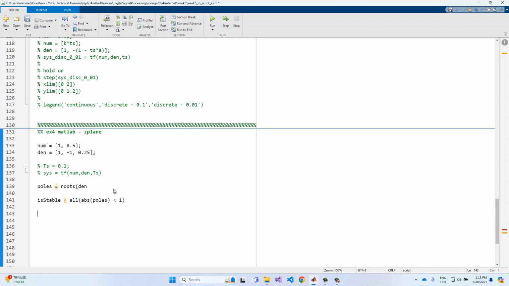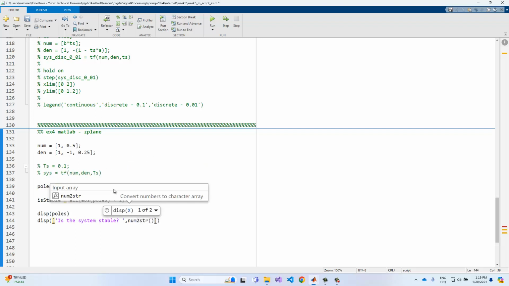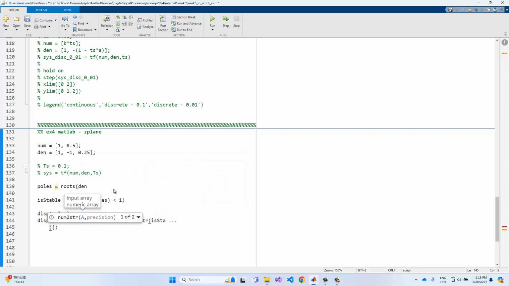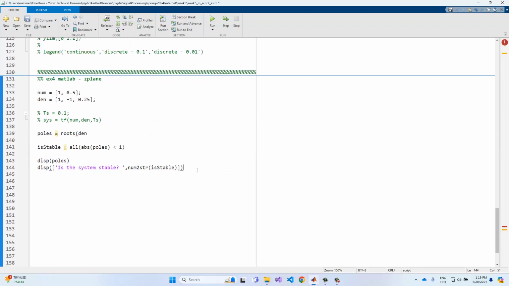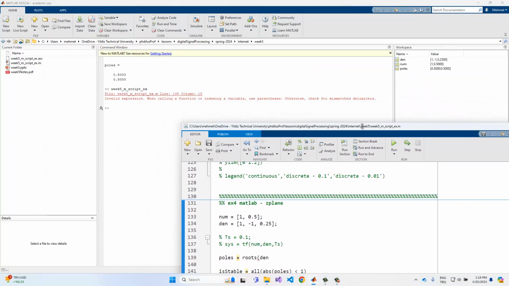Okay, and so for these poles in here, we can write this message in here: is the system stable, and num2str can be used in here with the isstable function. Okay, and so we can see the results in here.